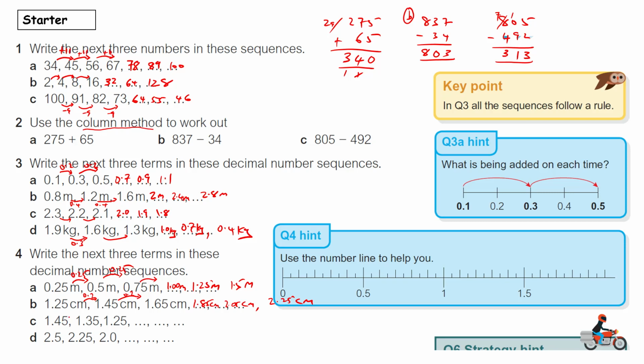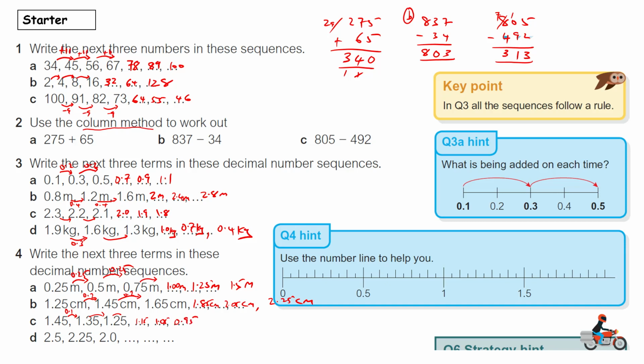This time it's decreasing, so it's getting smaller each time by, what do you think? 0.1. So 1.45, 1.35, 1.25, 1.15, 1.05, and then we've got 0.95.